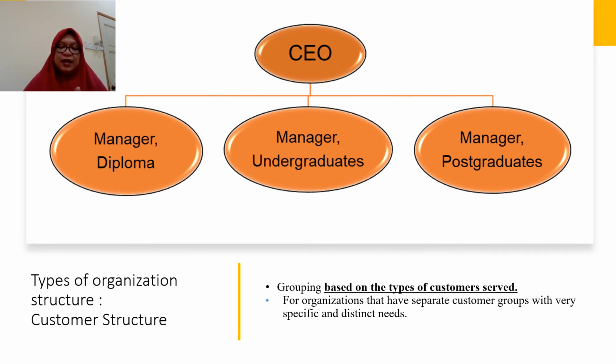So they can group their employees into departments according to the customers that they serve. For example, here we have diploma, undergraduates, and postgraduates. The employees who work in the diploma department will only cater to all the activities regarding the diploma students.